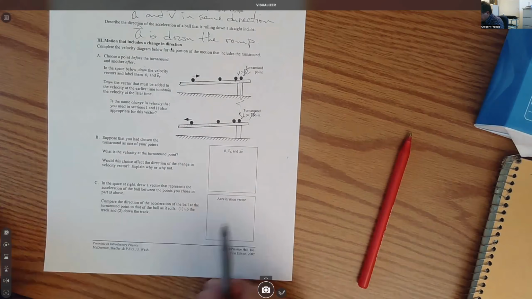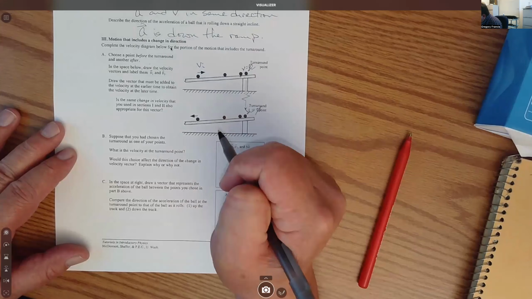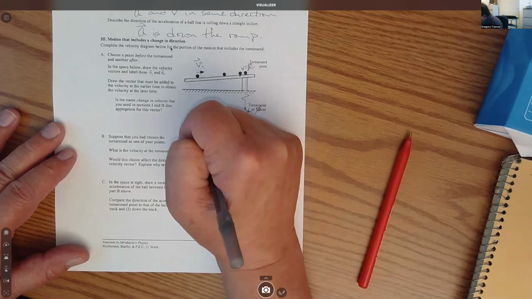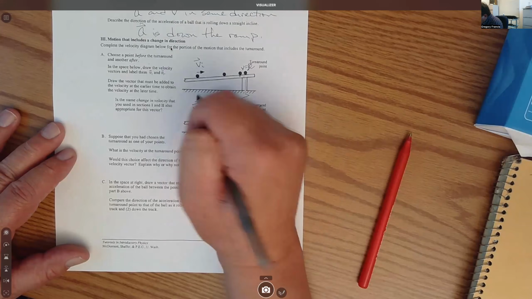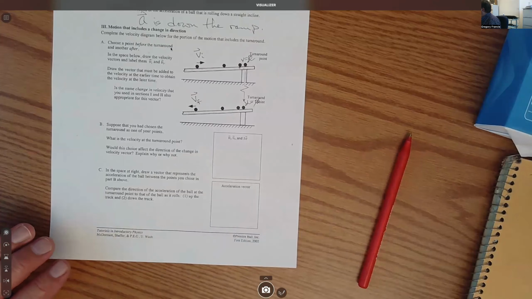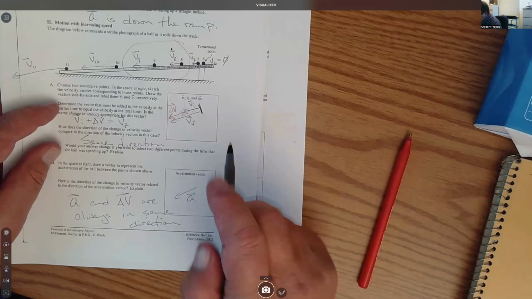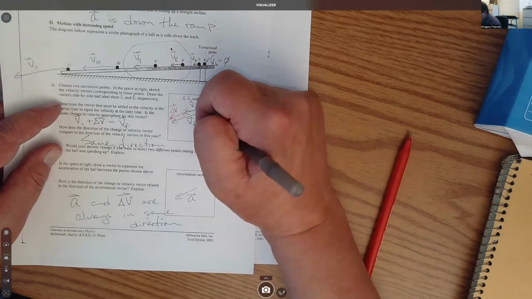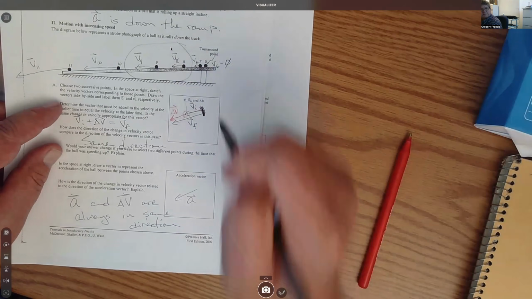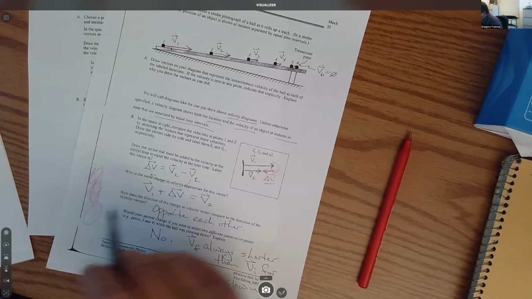So in this case, I'm going to call this my V initial, and I'm going to call this my V final. Now you remember that when we were comparing vectors, V initial and V final, we always put them tail to tail.